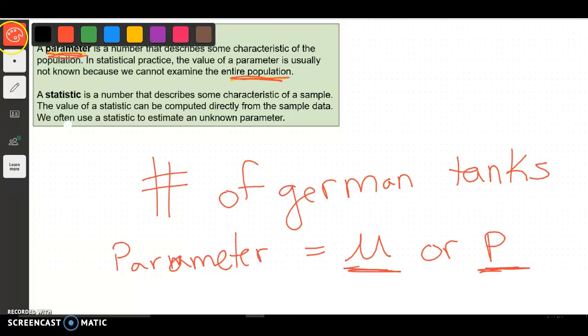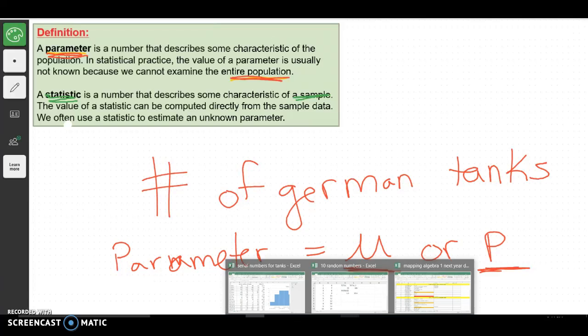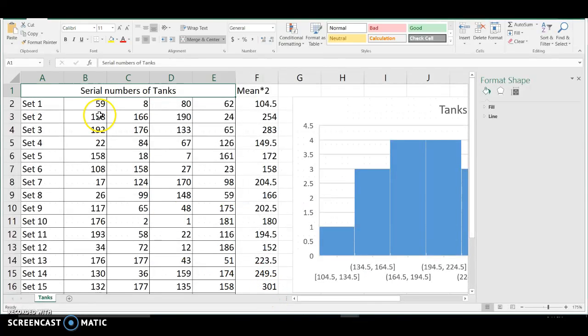The other thing that we have is called the statistic. Now the statistic is a sample. You want to think of the statistic as a sample, and it's the sample information that we get from the unknown parameter. In this case, it was these sample serial numbers. Those were our statistics that we got to use.